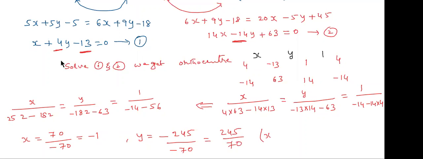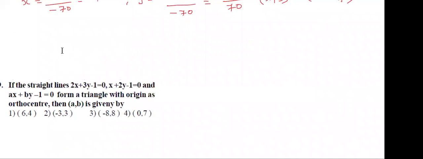Now x comma y, observe the coordinates. X is negative, y is positive. X is negative, y is positive means in which quadrant? Tell me. X is negative, y is positive. Which quadrant?